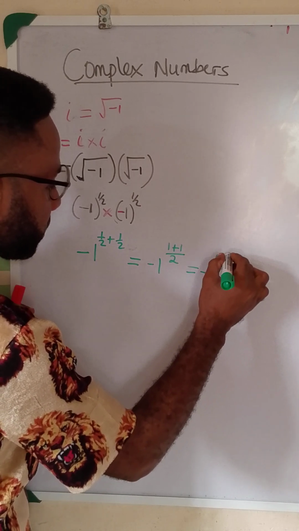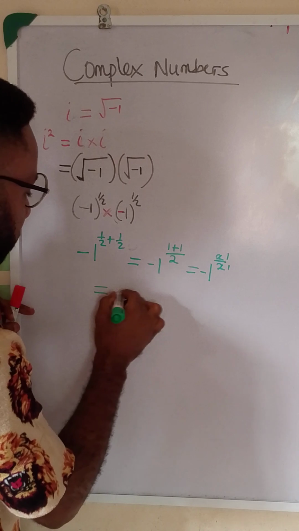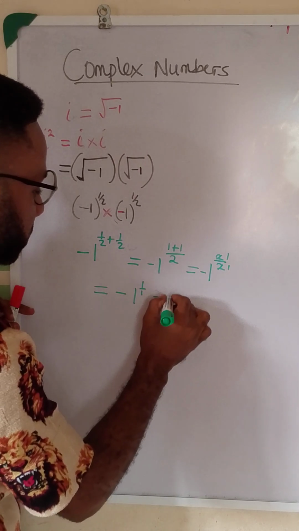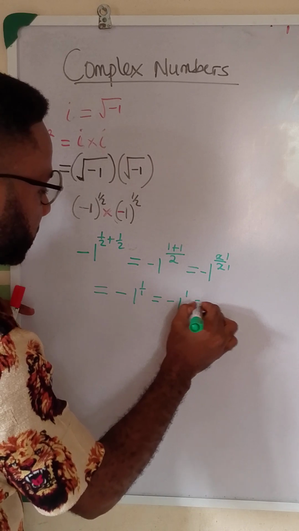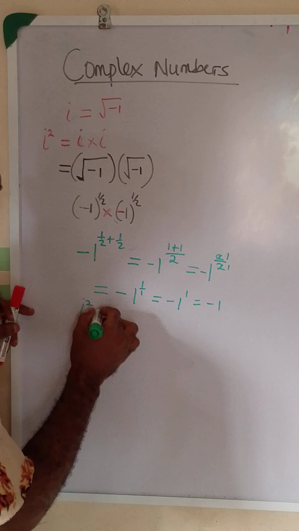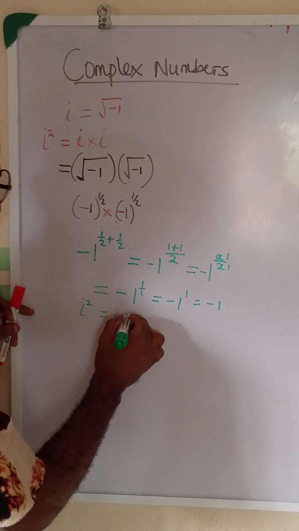If you cancel out, you have 1 over 1, so this is minus 1 raised to the power 1, which is the same thing as minus 1. So this means that i squared will be equal to minus 1.